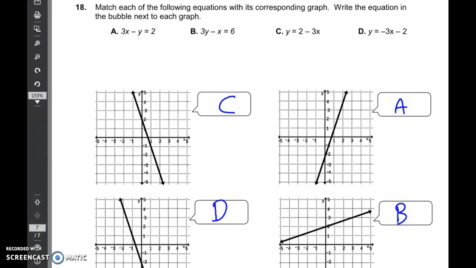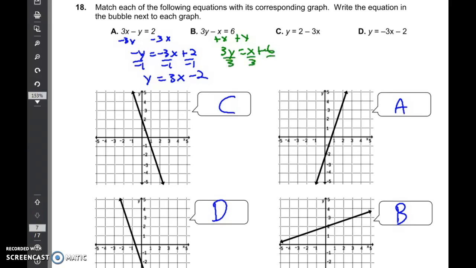So subtract the 3x. Divide by -1, divide each part. Graph that. Next one, add x, no like terms, divide by 3, 1/3 x plus 2, find that graph.